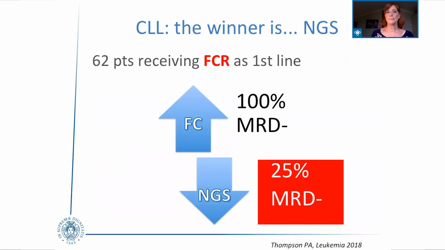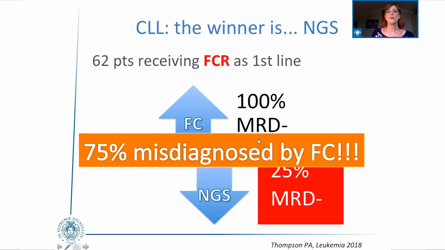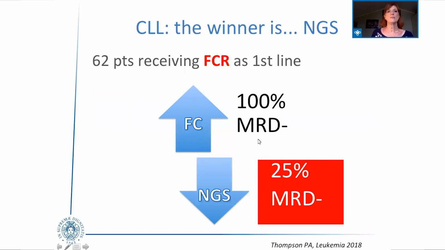In CLL, in a cohort of 62 patients, all patients who received FCR were considered as MRD negative by flow cytometry. But when these patients were reassessed by NGS, only 25% resulted really MRD negative.